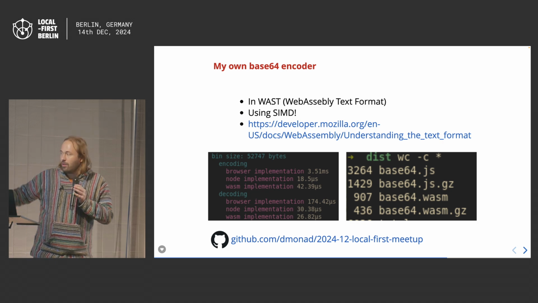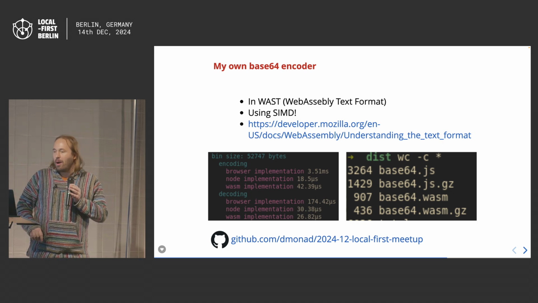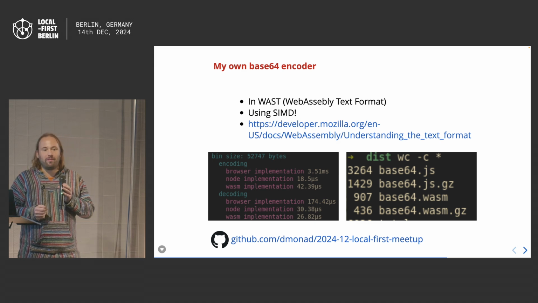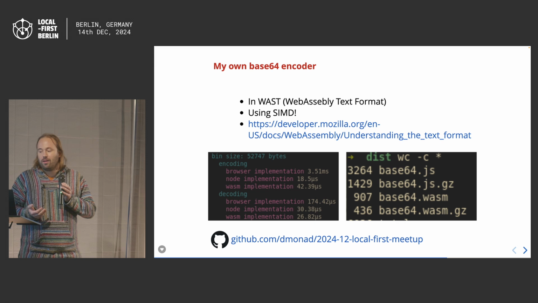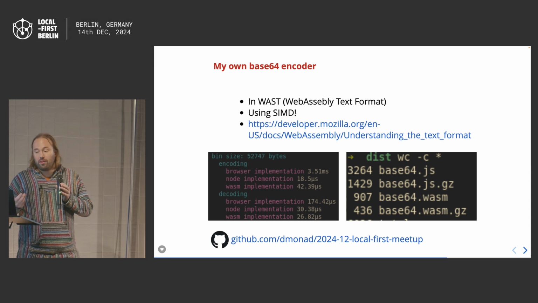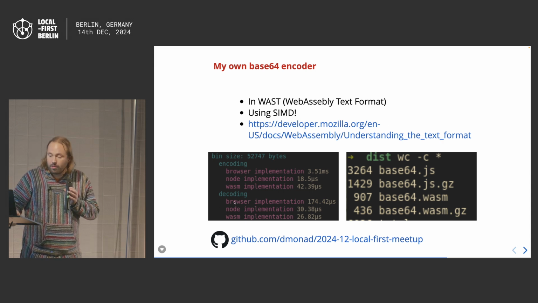If you go to this URL below, I published some of my findings there. I wrote some things in Wasm, and I feel I can do a lot of things really quickly if I write it in Wasm directly. Here an example, I wrote a base64 encoder.